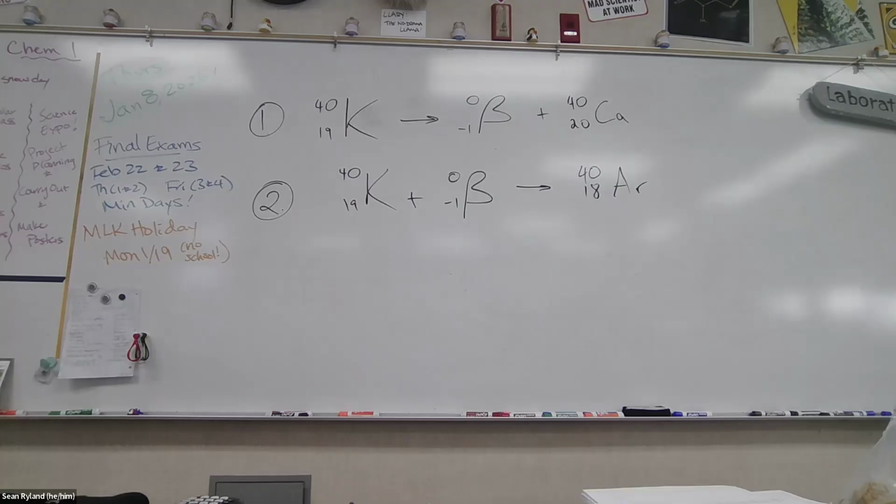So when people inevitably ask things like, why bother going past the end of the seventh row? We just keep making things that are also unstable. We're just getting further and further into the sea of instability, except that our predictions say that there should be a couple of stable isotopes out there that are really, really heavy elements.